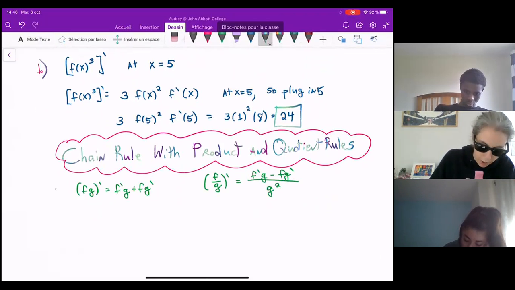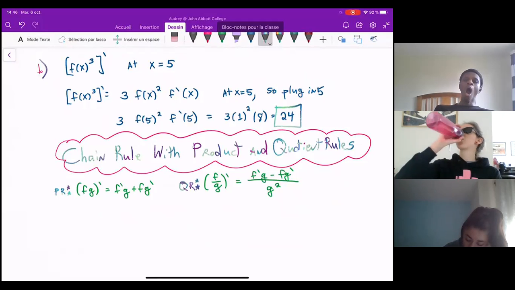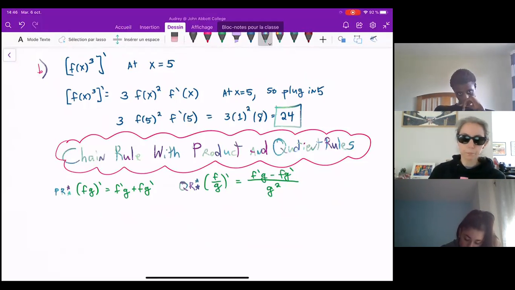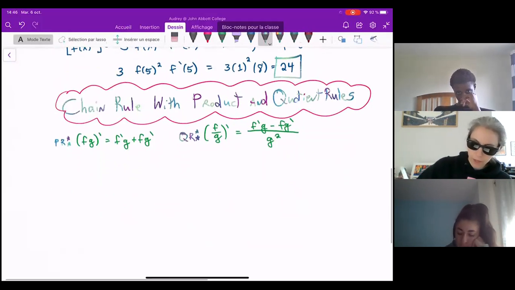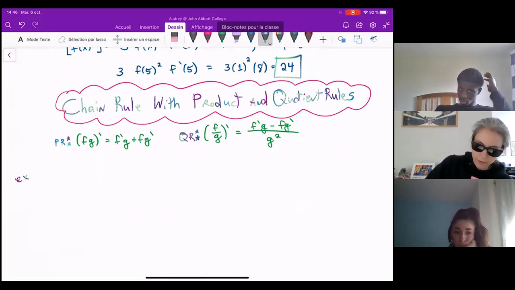So this is the product rule, and this is the quotient rule. Okay, so let's just do a few examples where we see this, and hopefully for those of you that are struggling with the chain rule after yesterday, this will be helpful, because then we're going to see a chain rule inside of a chain rule.